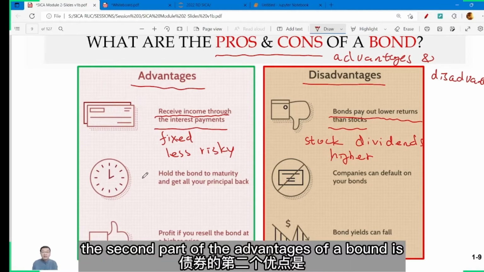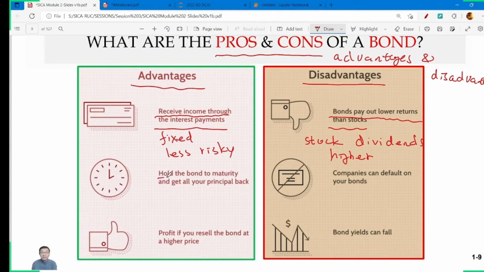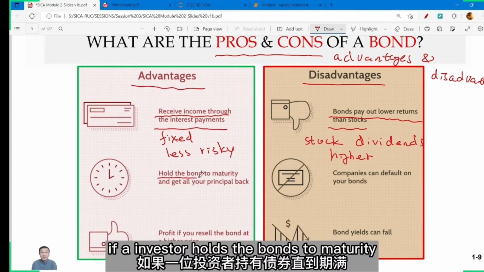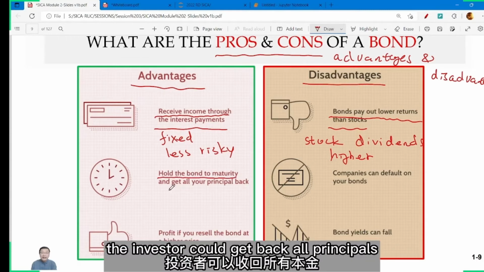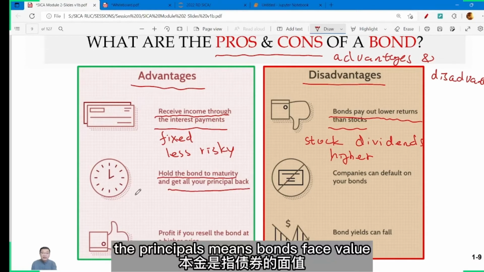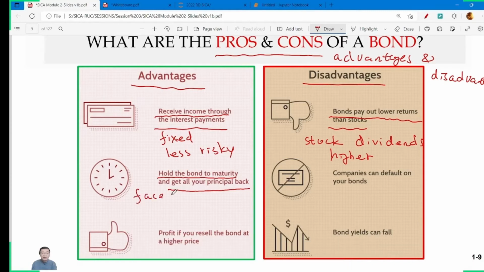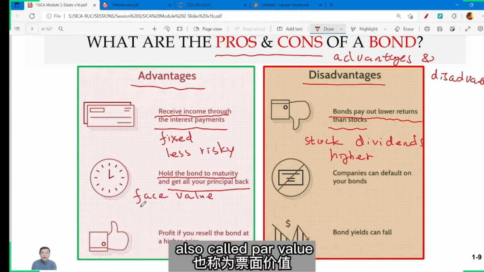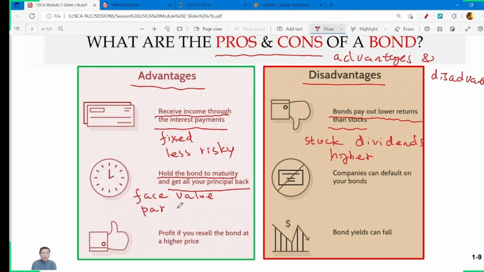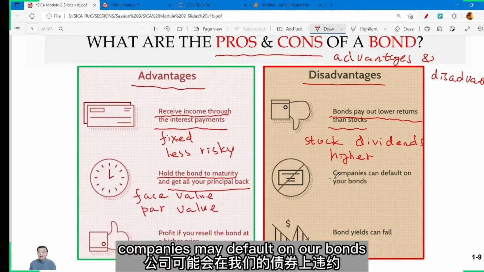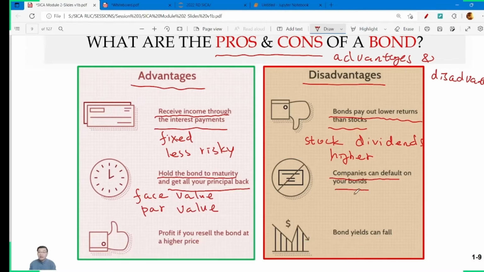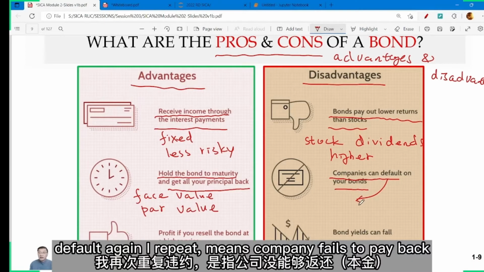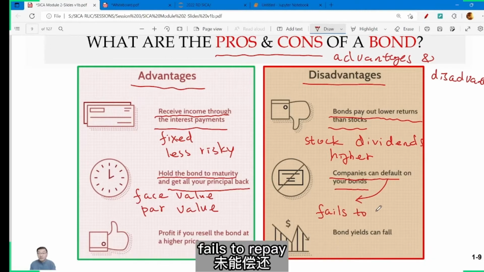The second advantage of a bond is that if an investor holds the bond to maturity, the investor could get back all the principal. Here, principal means the bond's face value, also called par value. Disadvantage: companies may default on our bonds. Default, again, I repeat, means the company fails to repay.